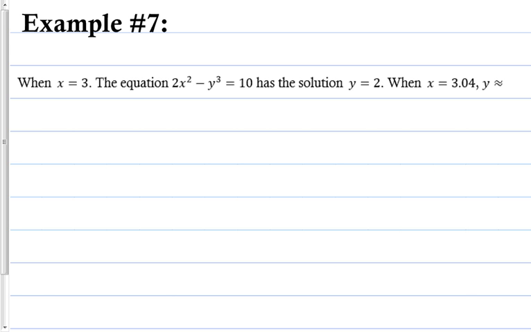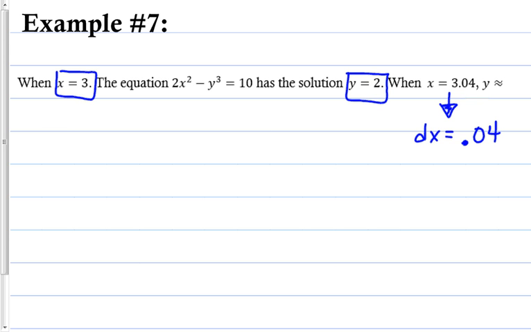So right now, they're telling me x equals 3, and when it does, y equals 2. They're telling me that when x equals 3.04, what is y, basically? Right from here, I can tell you that x is being changed by this much, 0.04.